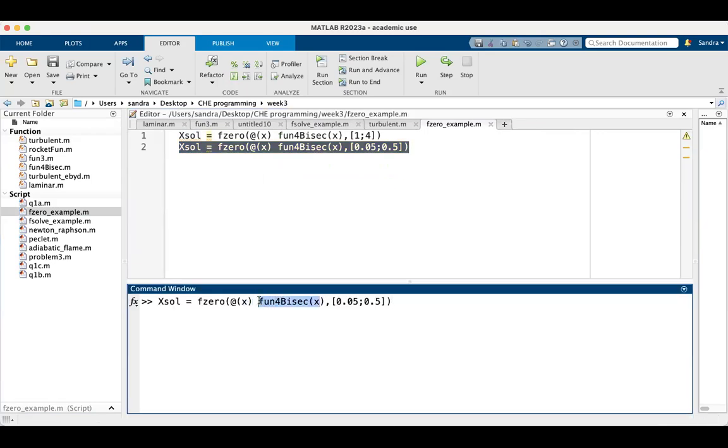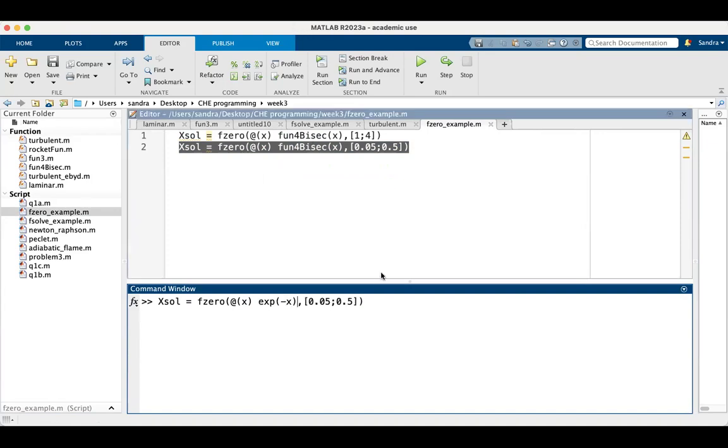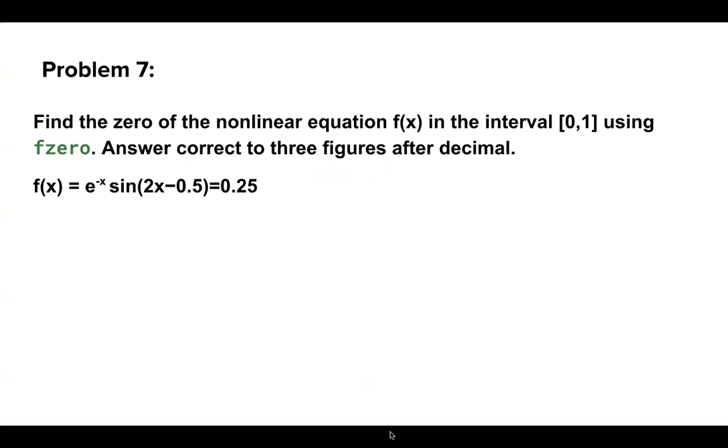So e raised to, exponential of minus x. And what was the rest of the equation? Let me just see. E raised to minus x sine 2x minus 0.5.